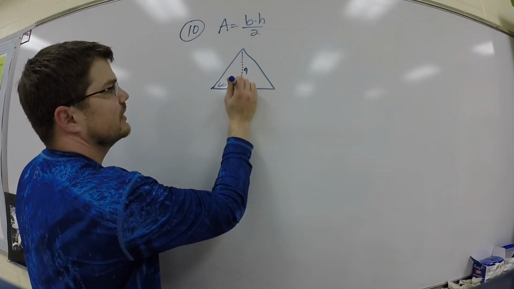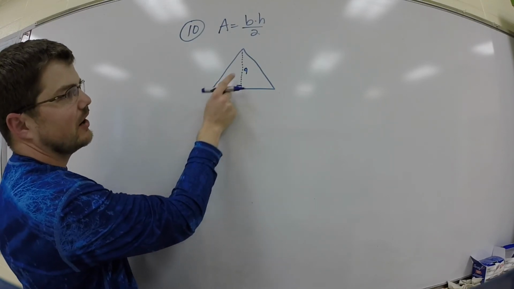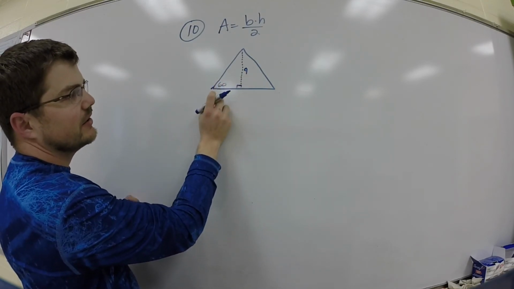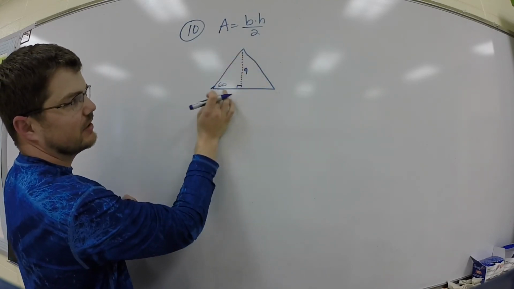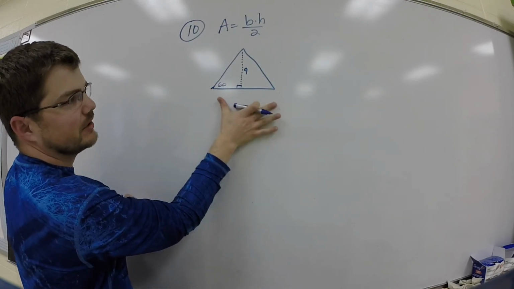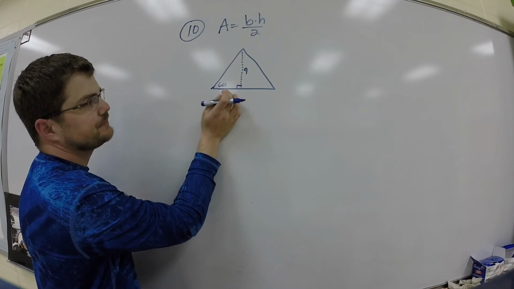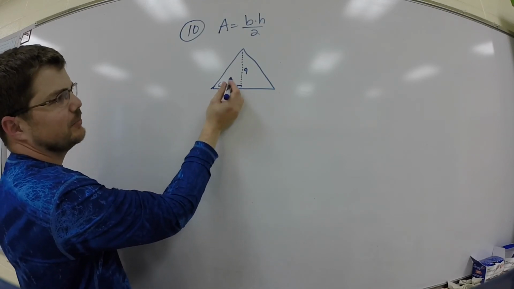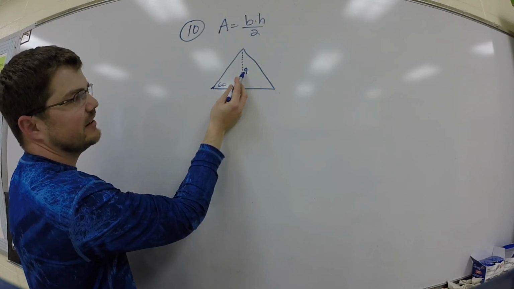Okay, so this is a 30, 60, 90 triangle, and we're going to use our height to figure out the base of the whole triangle. But first we're just going to focus on this right triangle to try to figure out from here to here, and then we'll double it to find our base. So using this 30, 60, 90, it tells me that the side across from the 60 degree angle is 9.